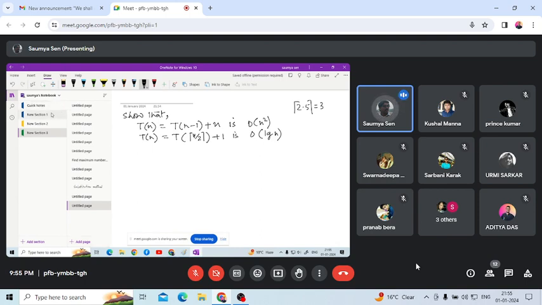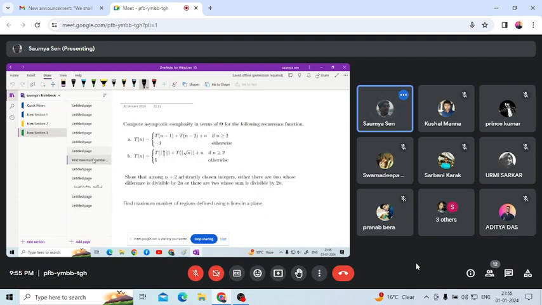Similarly, you can solve the recurrence of this type of problem. Though here the problem is given to compute asymptotic complexity in terms of theta, you can check it in terms of big O. If in your question you encounter theta, you can do it for big O, not theta.